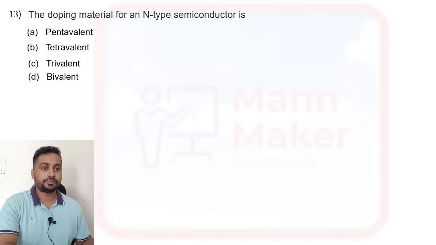All right, the doping material for n-type semiconductor is what? They are asking for the doping material for n-type semiconductor. If you talk about semiconductors, basically we have two types.